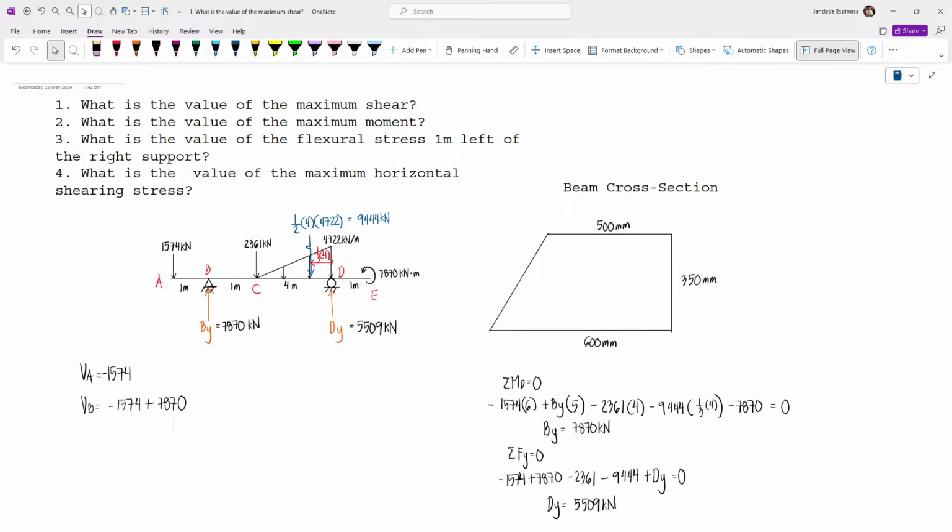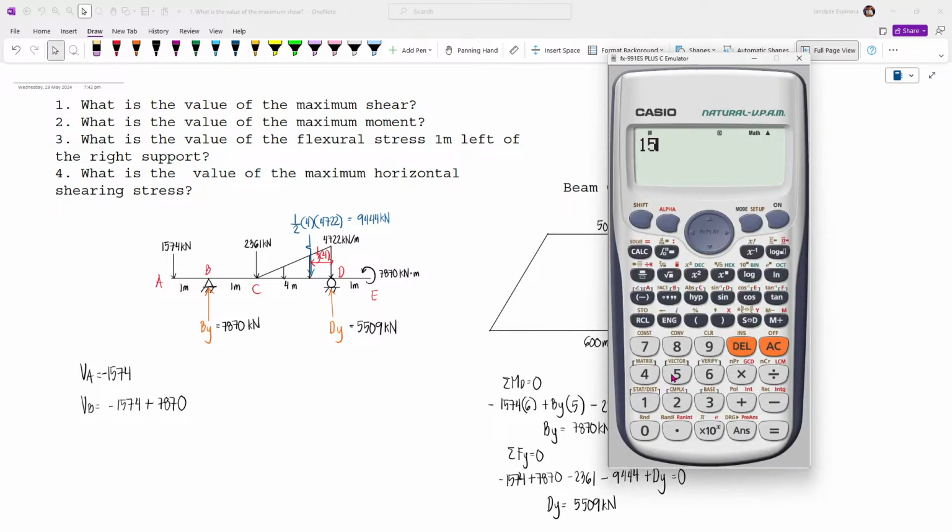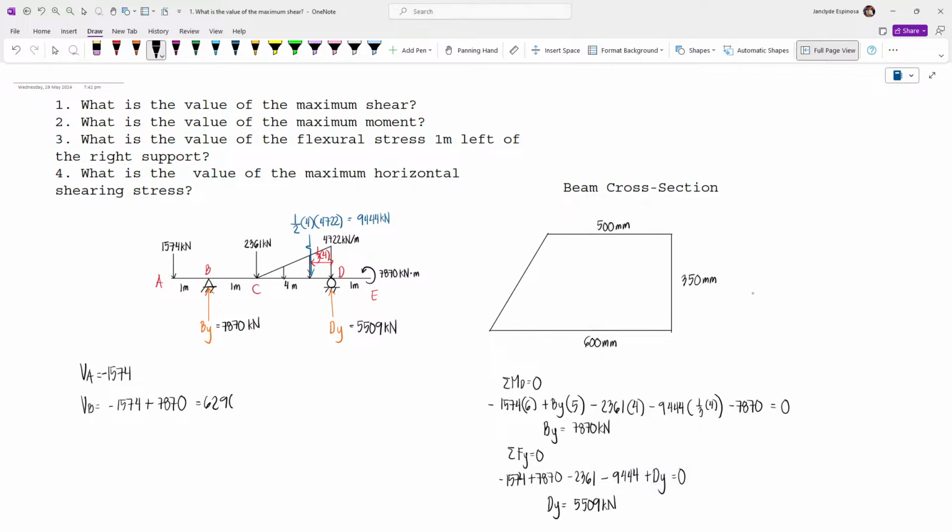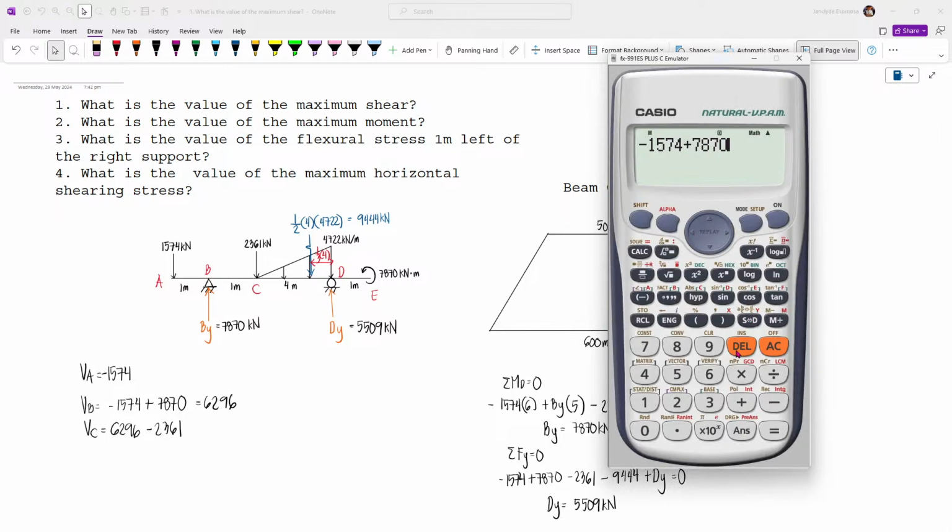How much is that? Minus 1574 plus 7870, we have 6296. Now, how about VC? VC will be 6296, just copy it, minus the concentrated load. So minus 2361, we have 3935.